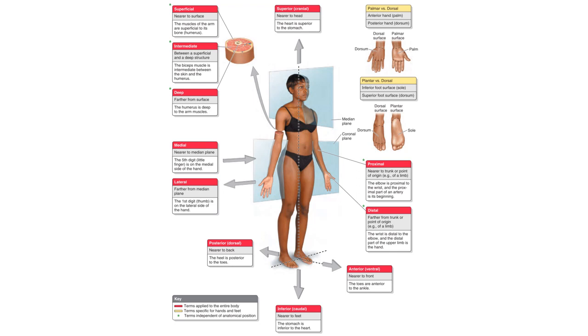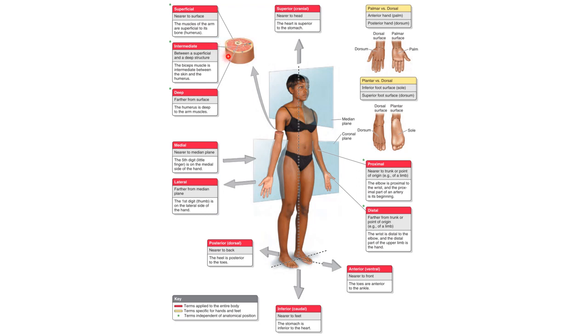Next, we have some more terminologies. So, eto muna, etong tatlo. Superficial, ibig sabihin, nasa surface, nasa labas. Deep, ibig sabihin, mas malalim. Okay? Intermediate would mean it is between superficial and deep.